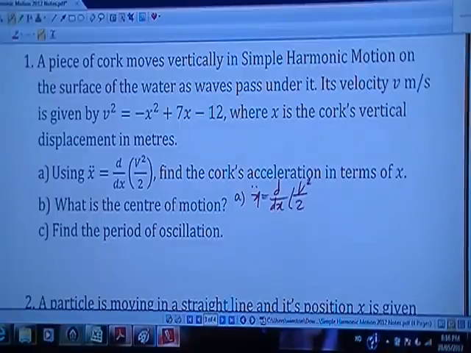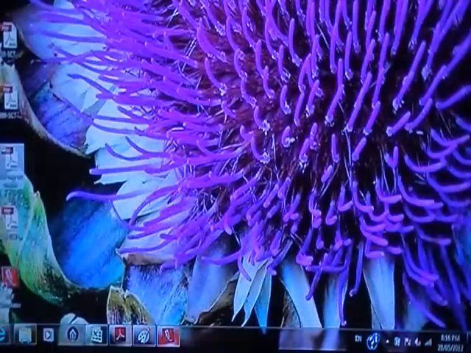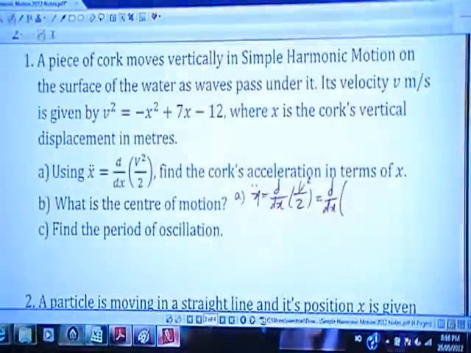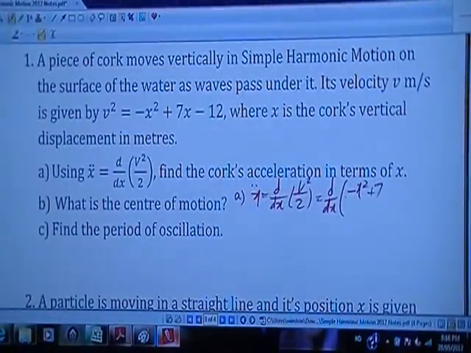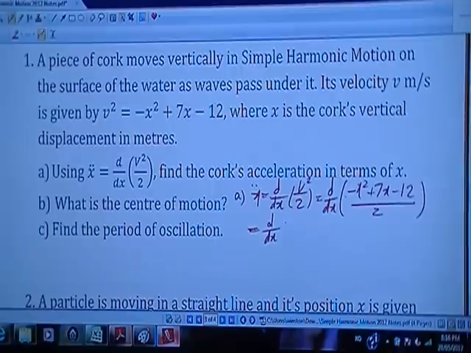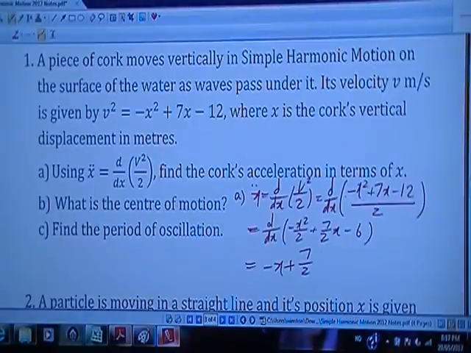Here v squared on 2 equals d dx of minus x squared plus 7x minus 12, all on 2, which is the derivative of minus x squared on 2 plus 7 on 2 x minus 6, which equals minus x plus 7 on 2.